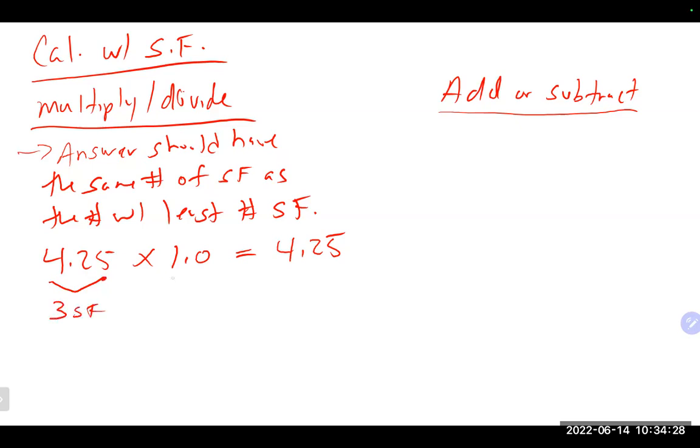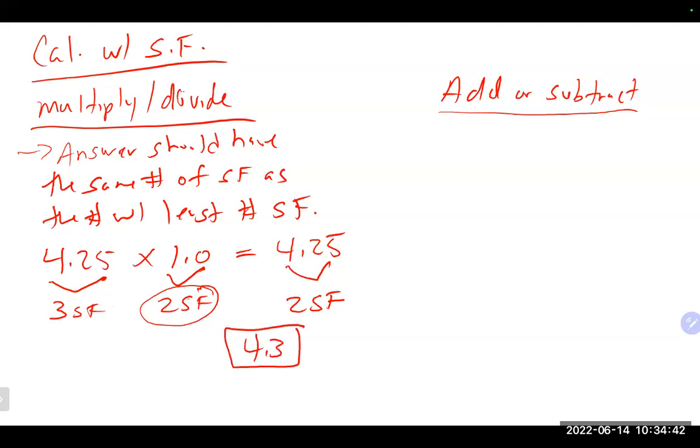How many significant figures does this number have? 2. This means this guy should end up with 2 significant figures, right? The least number. That means we should round this to 4.3 would be the proper way to record that to the correct number of significant figures. Question on that there?